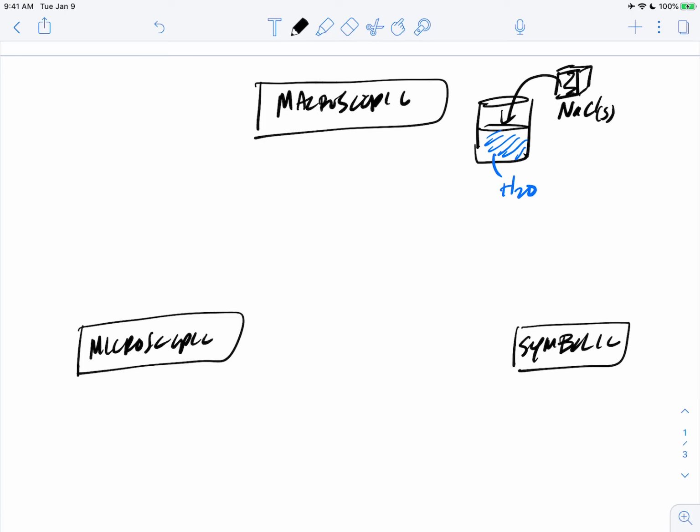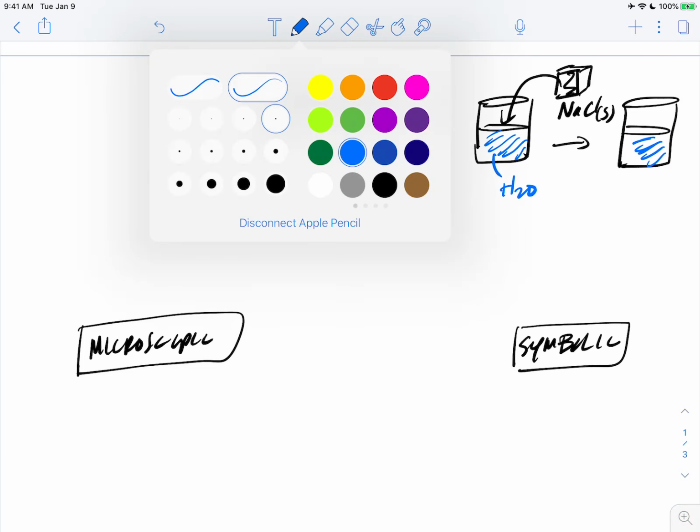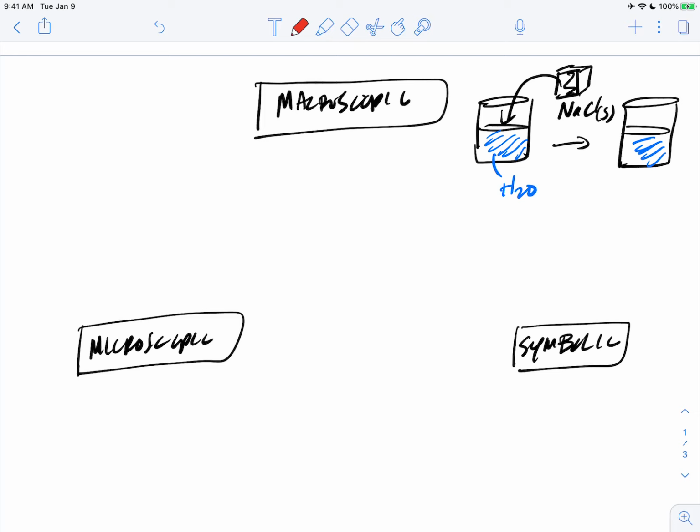So we're going to put this in, and we're going to see that the NaCl goes away. So what changes? Well, maybe we put in a thermometer, and we see that the temperature increases.